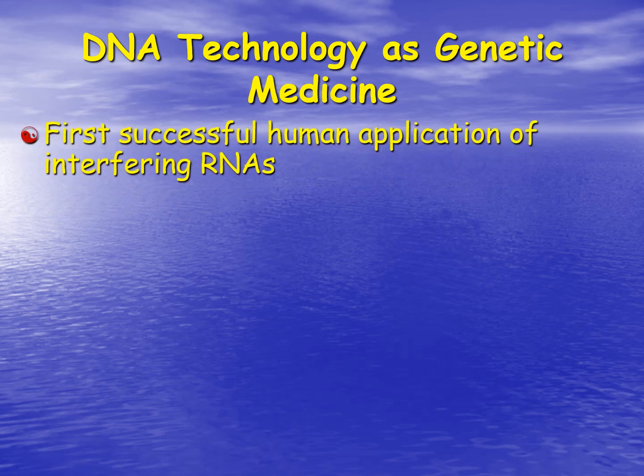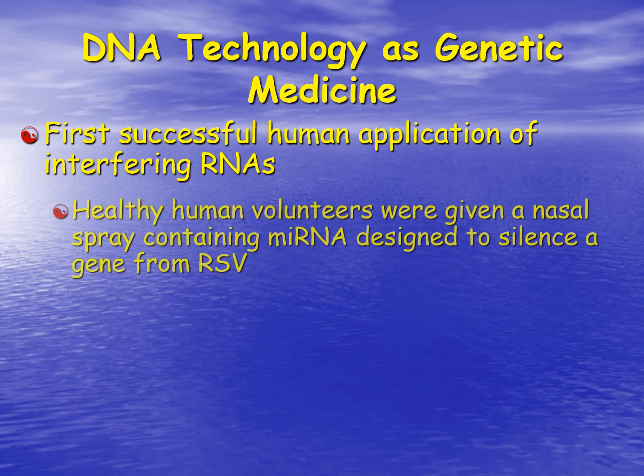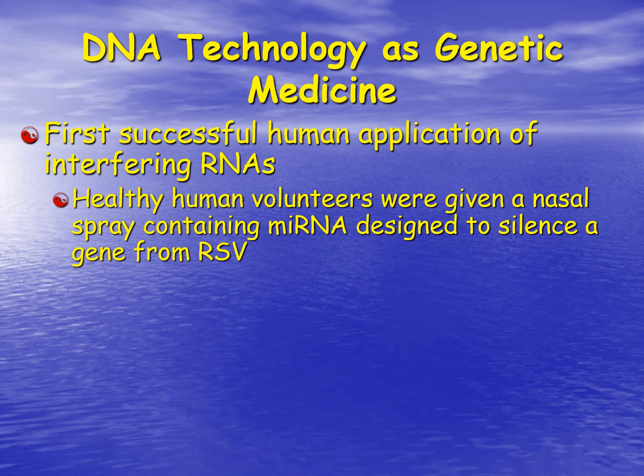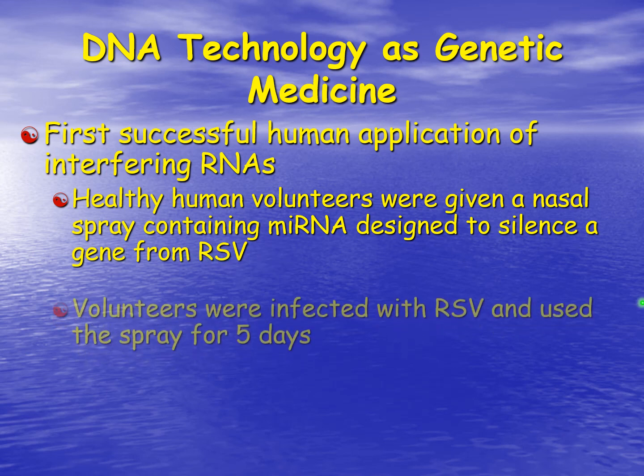Now, the first successful human application of interfering RNAs was done with the respiratory syncytial virus. Healthy human volunteers were given a nasal spray containing a microRNA designed to silence a gene from the respiratory syncytial virus.